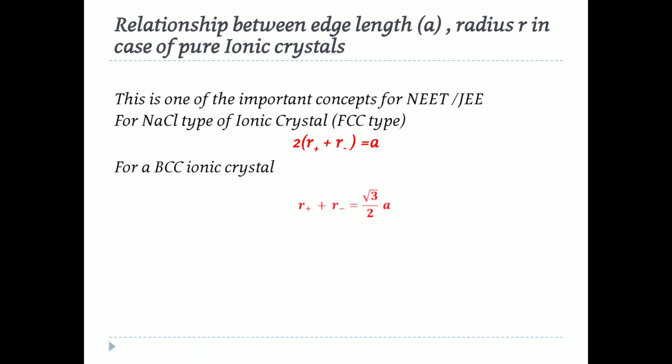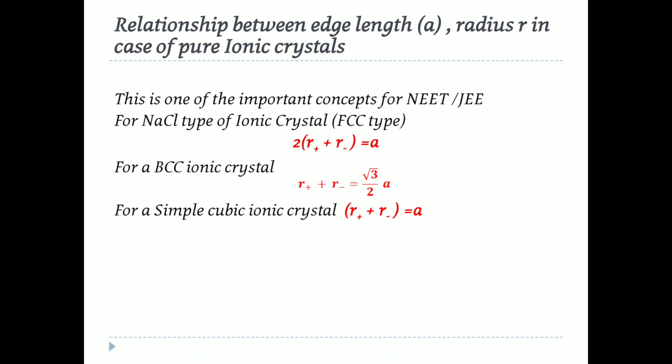Similarly, for a BCC, as the particles touch along the body diagonal, R plus plus R minus is equal to root 3 divided by 2 into A. And for a simple cube, R plus plus R minus is equal to A. Guys, I want you all to try out with the diagram.